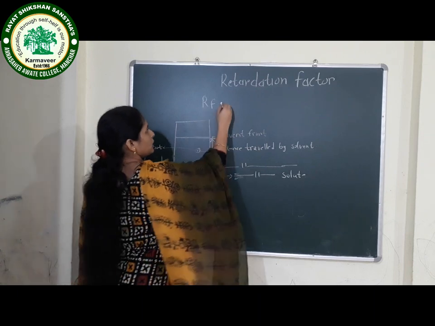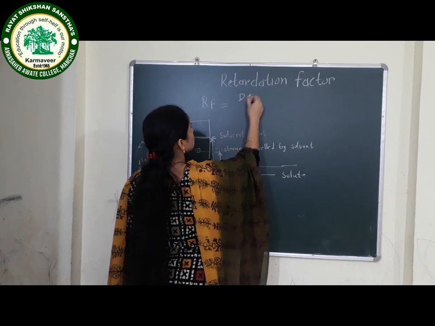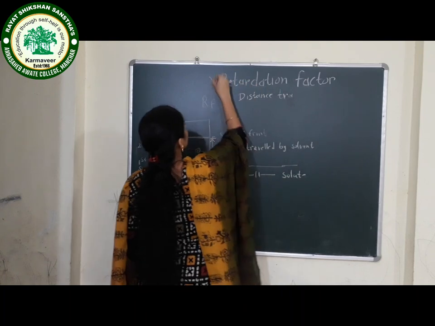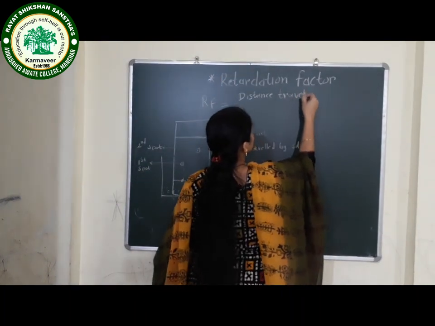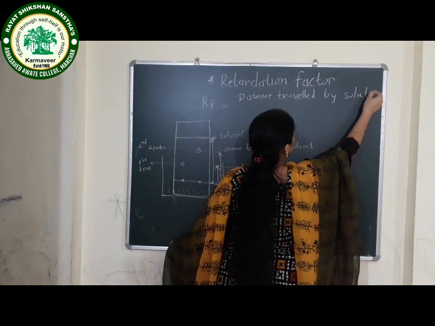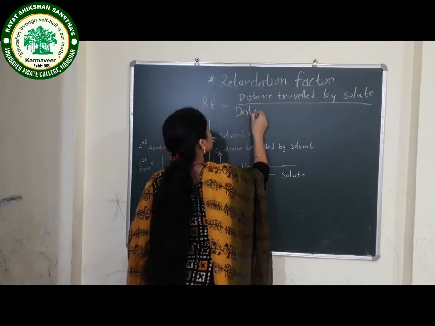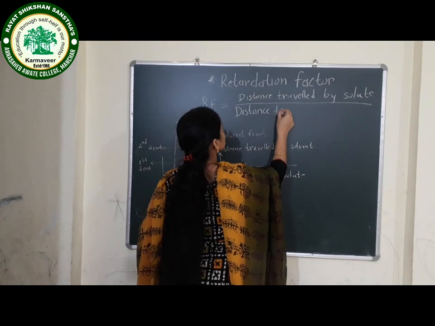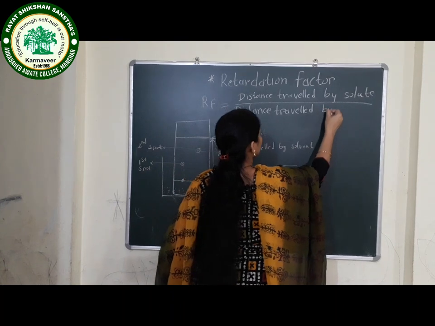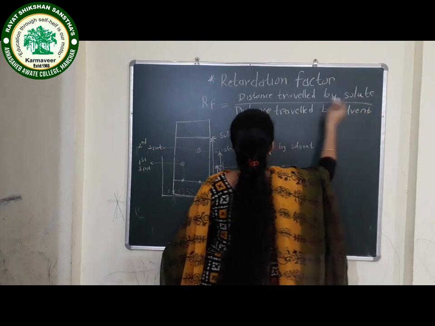Now what is the RF value? RF value is distance traveled by solute divided by distance traveled by solvent, means the mobile phase.